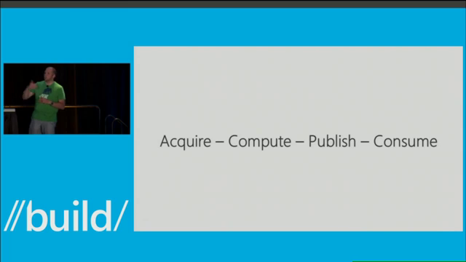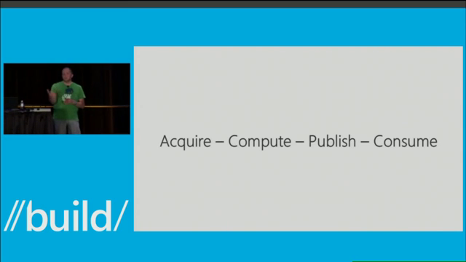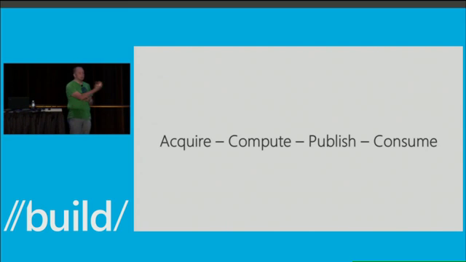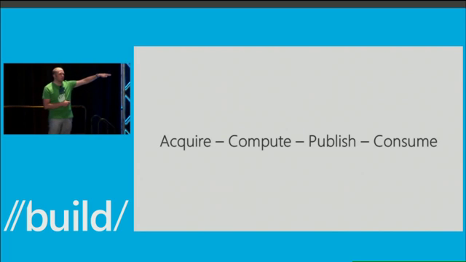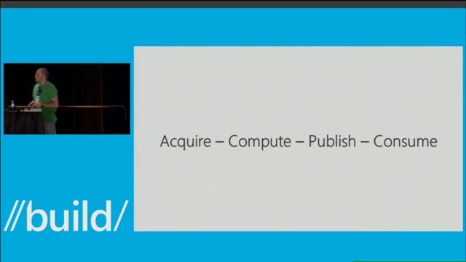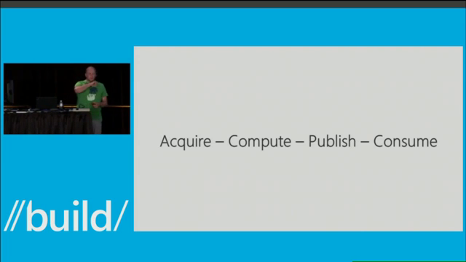That's going to generate some amount of output. I need to decide what to do with that, and so I'm going to publish that somewhere. That could be right back into Azure Storage. We could do some other things with it. And then the last part of this cycle is to consume that. We can talk about a number of different ways that folks can consume this. But ultimately, what we get is a very nice virtuous cycle through this.